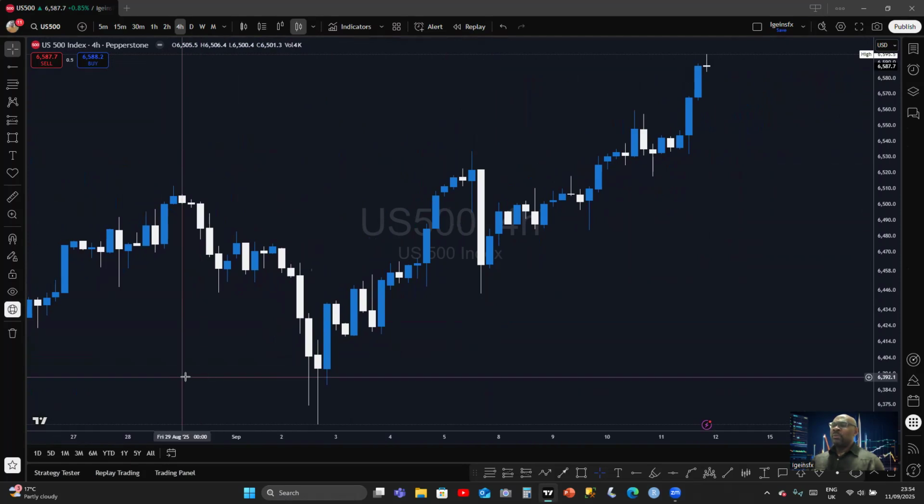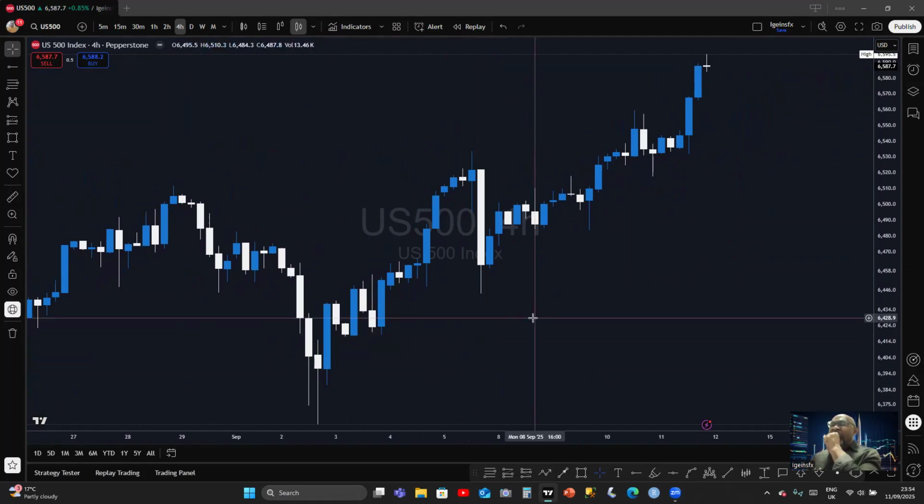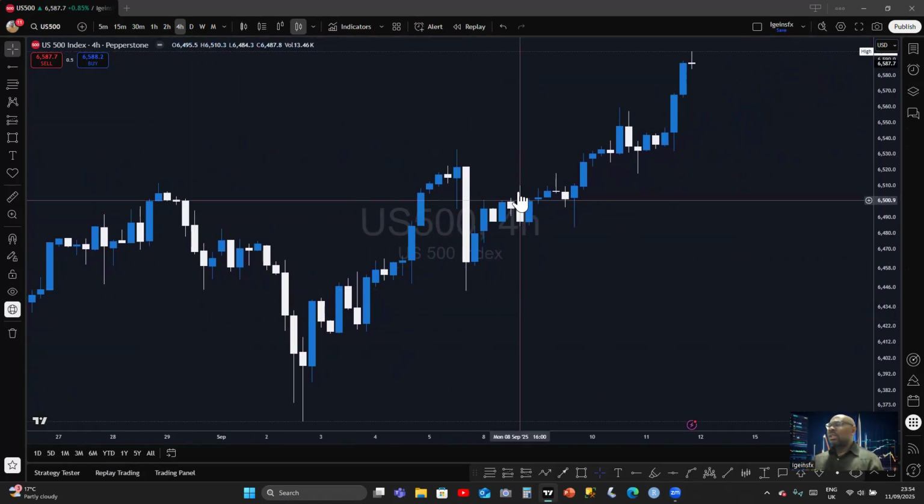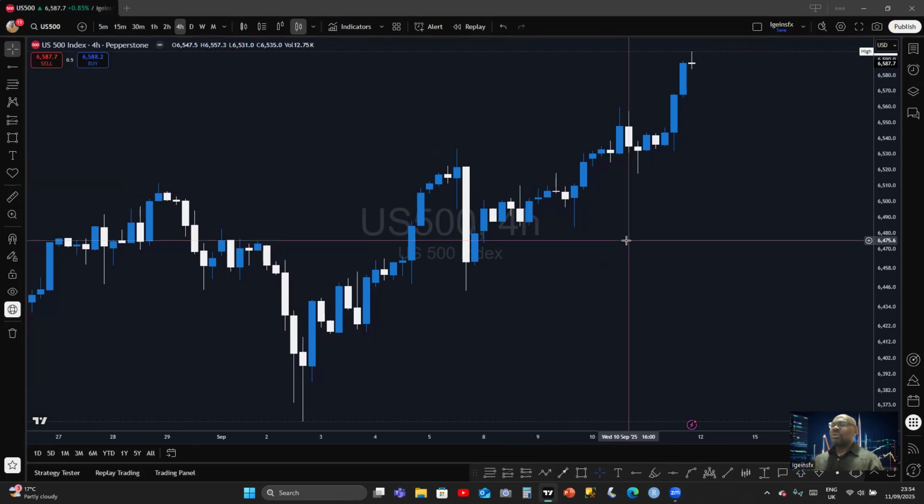I need you to drop it in the comment section. As far as this structure is concerned, what will you call it? Will you say it's a downtrend, an uptrend, a sideways market? Please let me see your comment in the comment section.